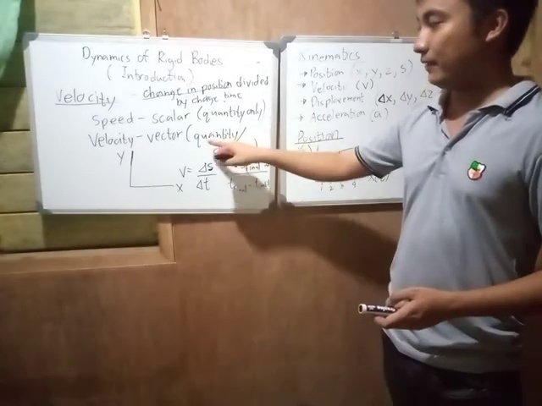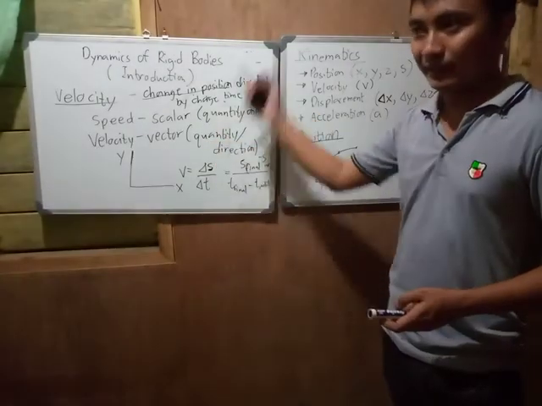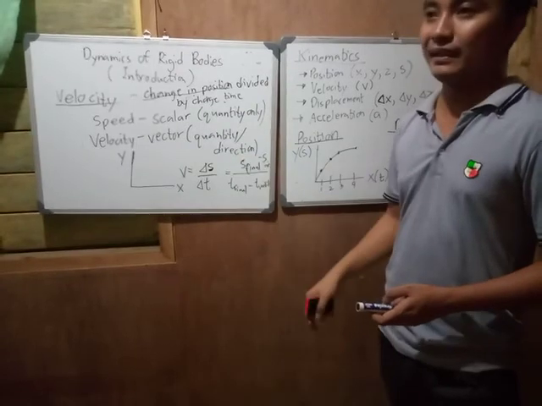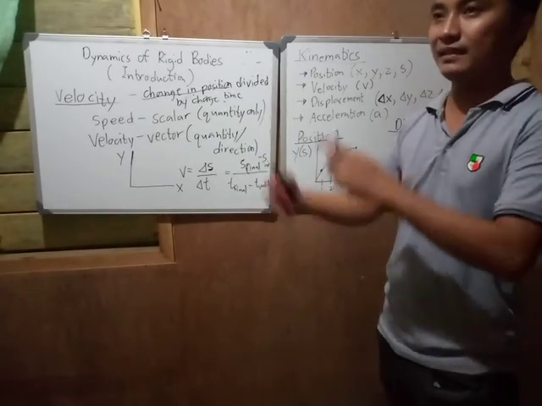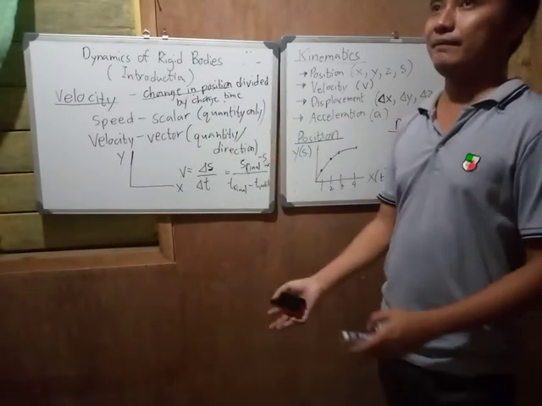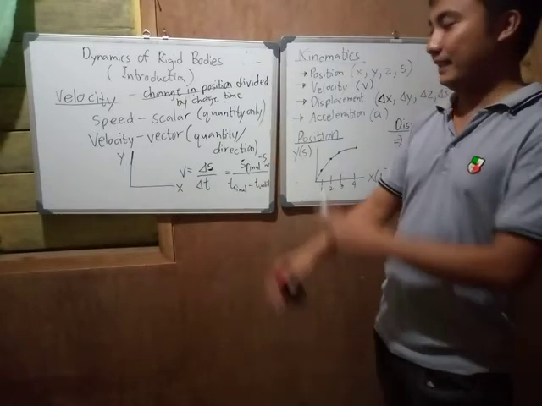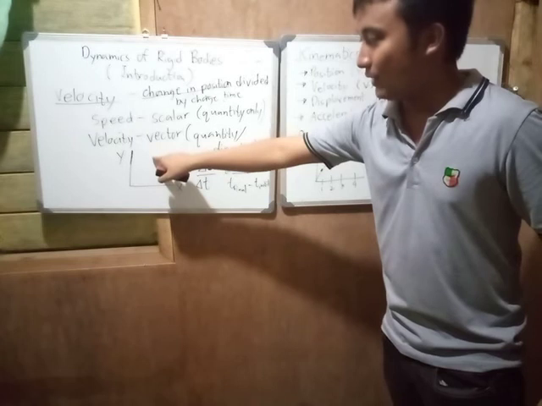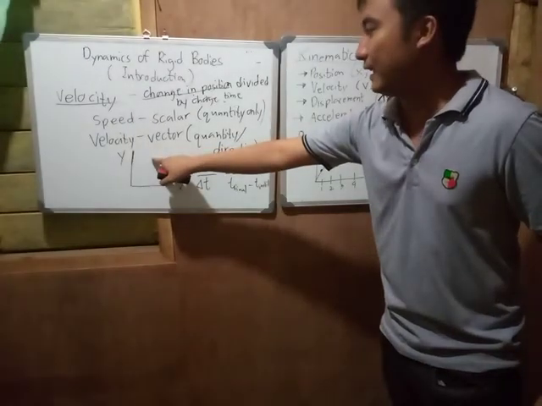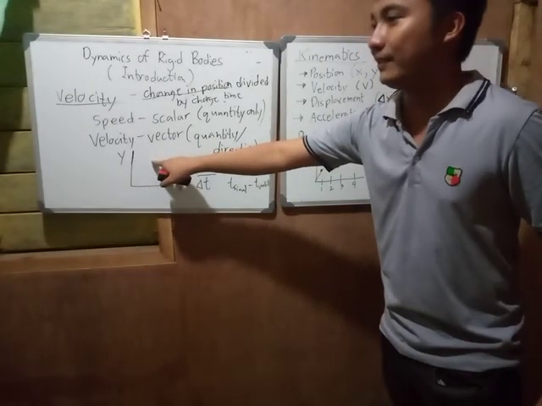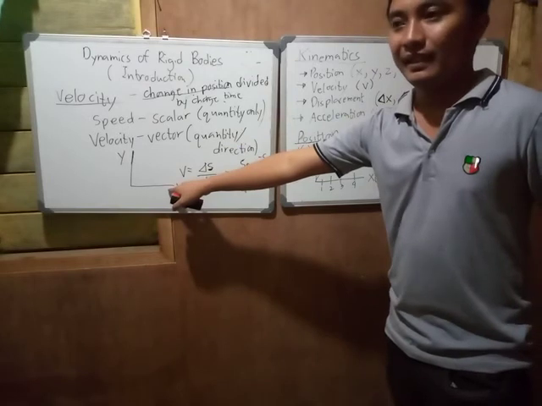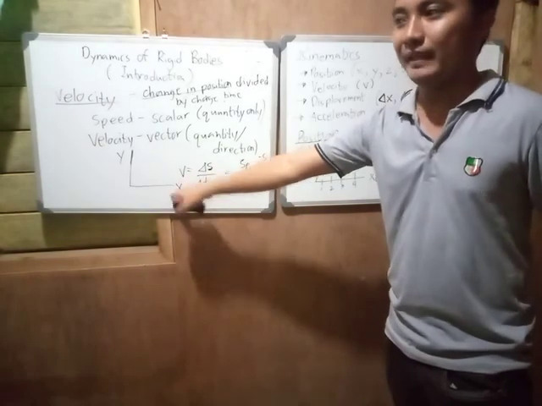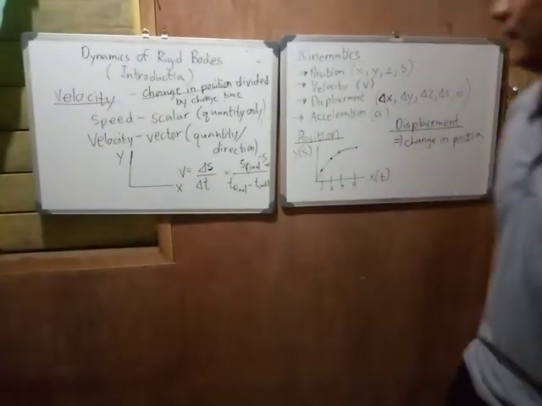Meron siyang quantity, sabihin natin 3 meter per second, and then meron siyang direction, sabihin natin northeast, to the left, to the right, or pwede natin sabihin kung saan siyang position relative sa Cartesian coordinate plane mo, whether 2D or 3D pa yan na position.